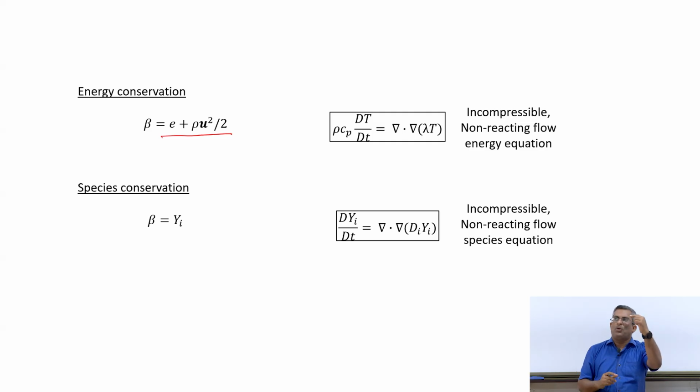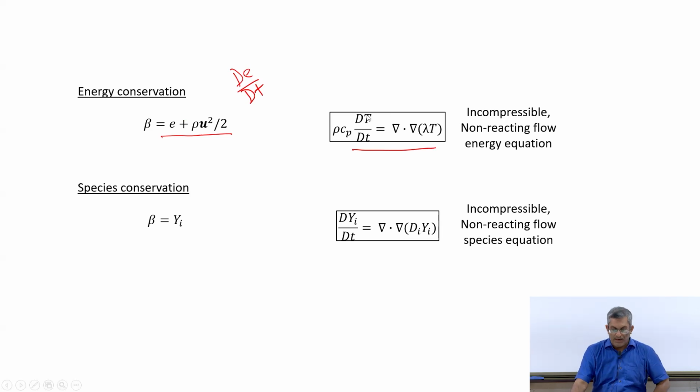Then you consider the momentum equation, multiply it with u on both sides and subtract, such that you retain the term having the internal energy only. And then we bring enthalpy into the picture, because internal energy and enthalpy are related. After you simplify that, you get this equation, which is valid for an incompressible non-reacting flow.